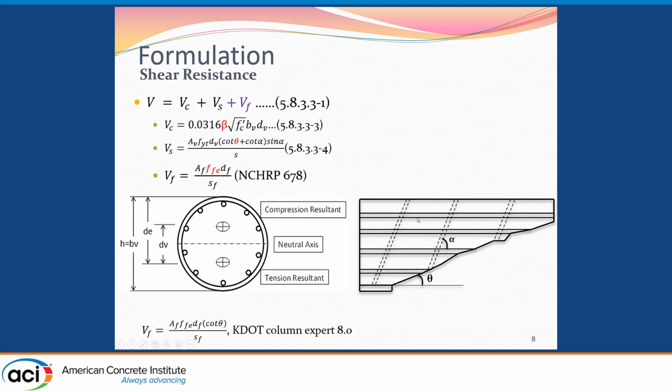And alpha is the angle of the transverse steel, if we have inclined stirrups or even spirals. For the Vf equation, we have the Af times the ffe df divided by the spacing of the FRP. And the key variable in the Vf equation is the ffe, the effective strain in the FRP. And I would like to start from this equation, the Vf.